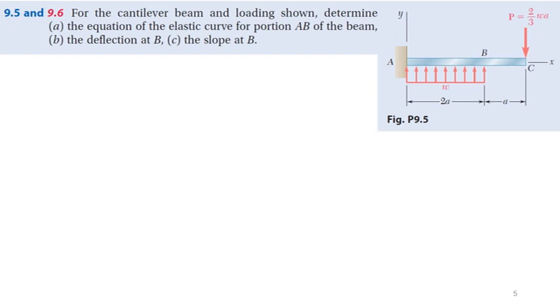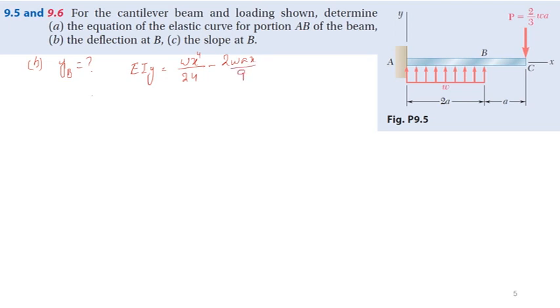Now let's see the deflection at B. So we are solving part B. What is the deflection at B? Let yB be what we have to find. The equation of elastic curve we developed was EI y equal to Wx to the power 4 divided by 24 minus 2WAx cube divided by 9.